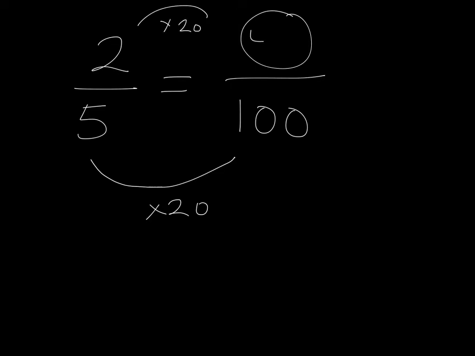So 2 times 20 is 40. Now an equivalent ratio for 2/5 is 40 out of 100. Anything that's written out of 100, you take the top number, and that's the percent. So 2/5 is also 40%.